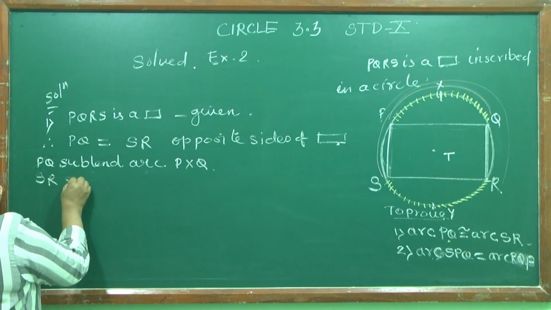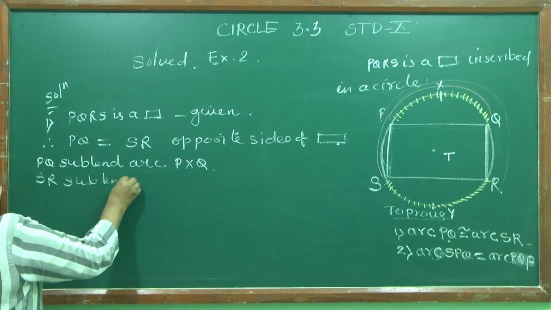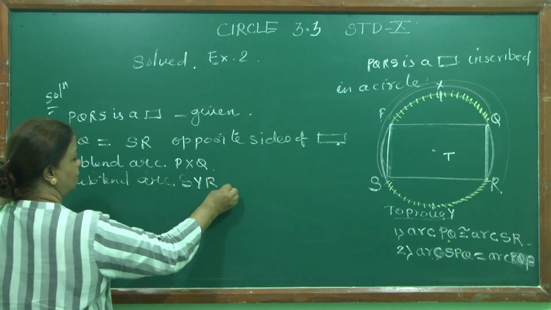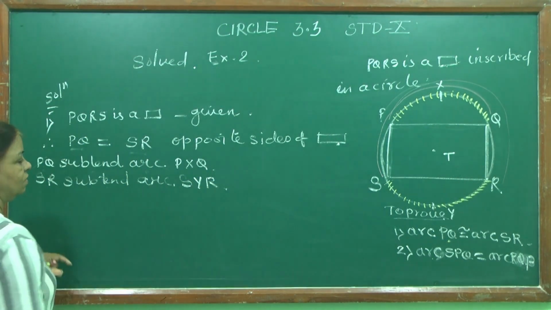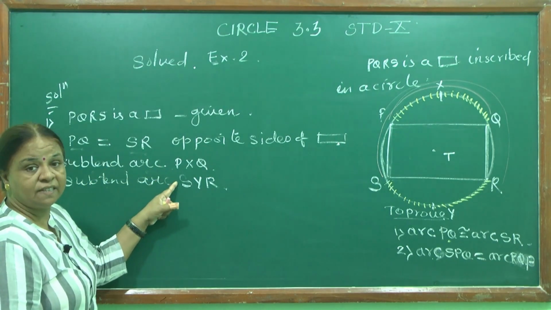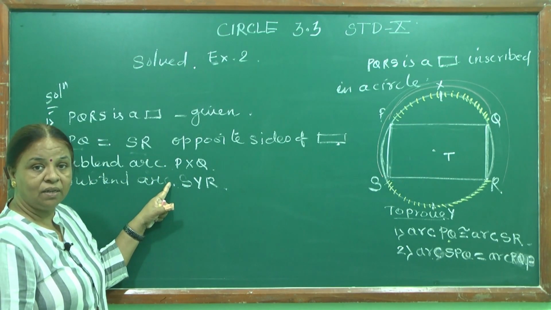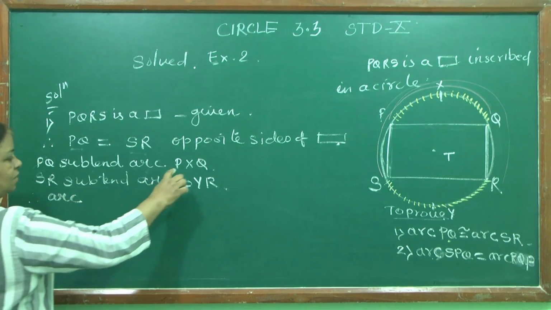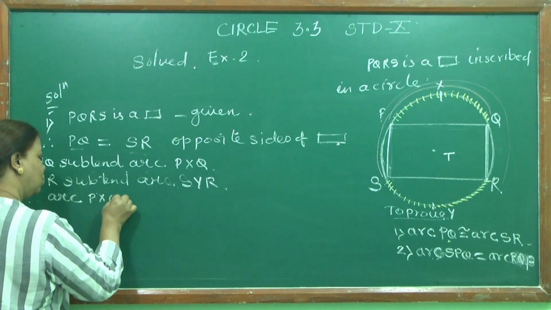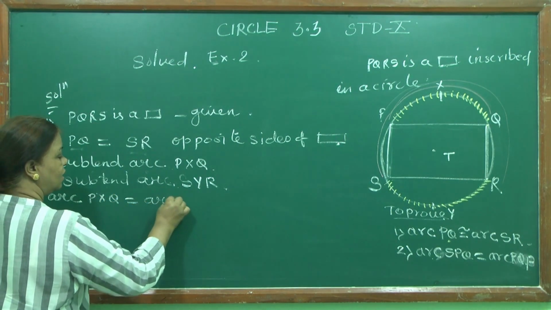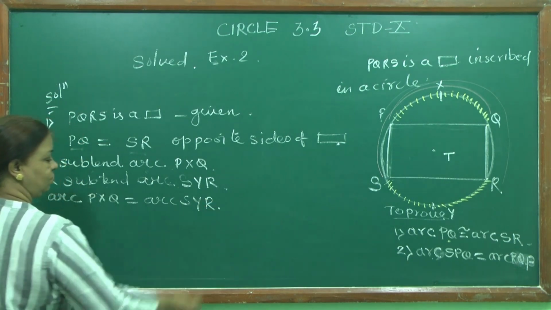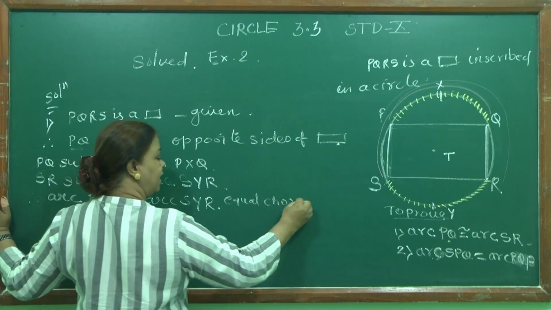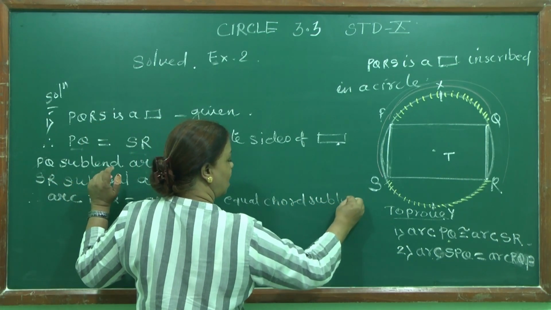SR subtends arc SYR. Both the sides are equal. Therefore, the arcs which they subtend also will be equal. So we can say arc PXQ is equal to arc SYR, equal chords subtend equal arcs.